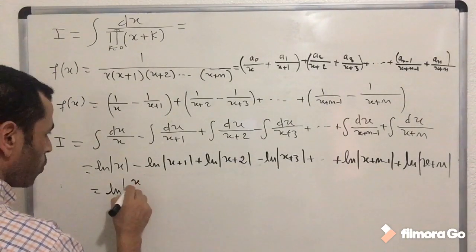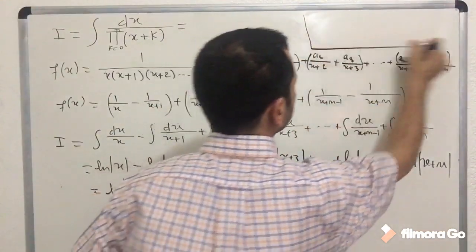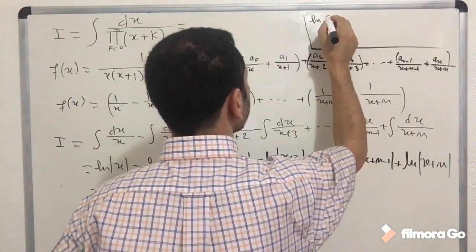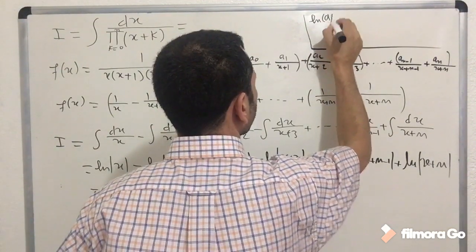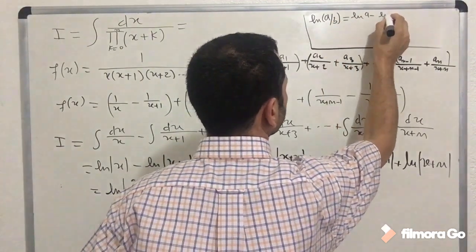Natural log of x over x plus 1. We are applying this rule: natural log of a over b equals natural log of a minus natural log of b.